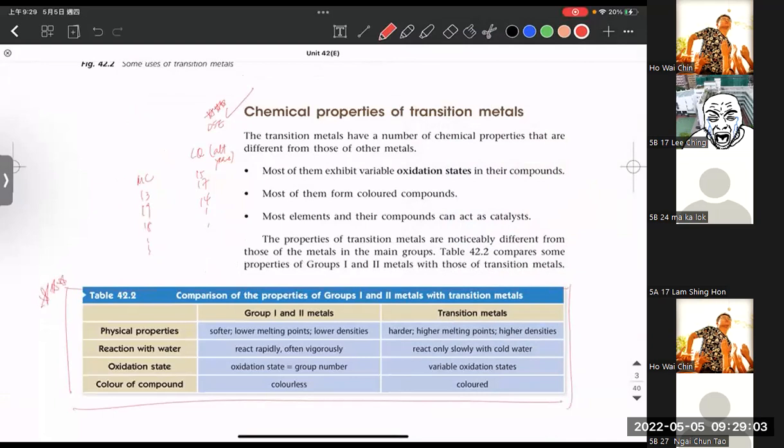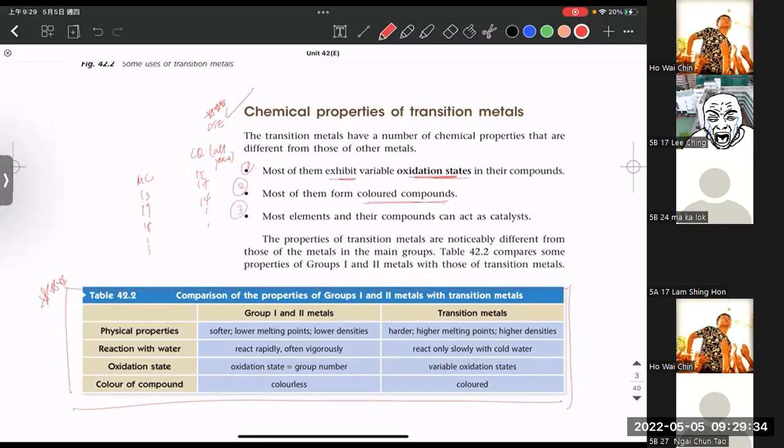Just eat them, and you may find the following, which makes transition metals quite different from other main group metals. Number one, most of them exhibit variable oxidation states in their compounds. Two, most of them form colored compounds.